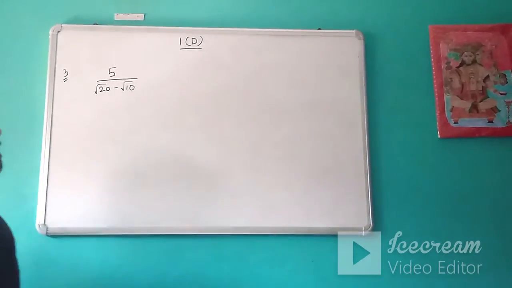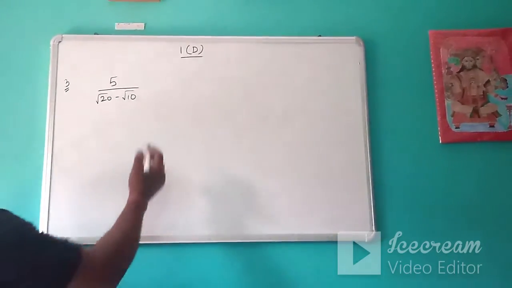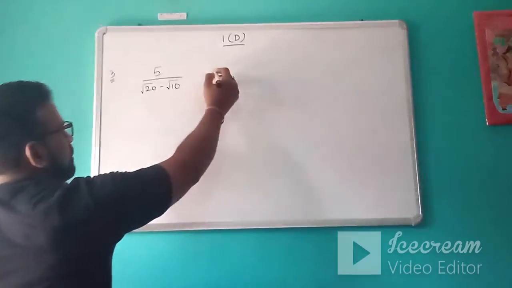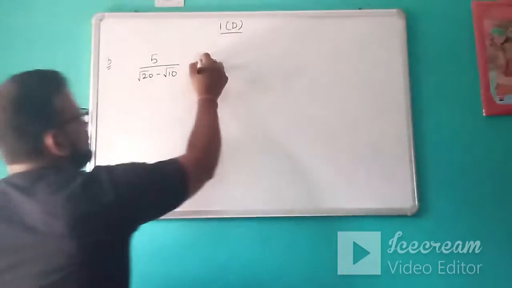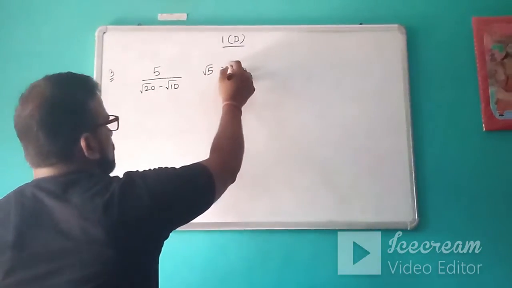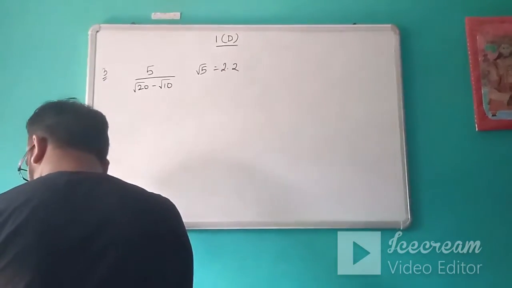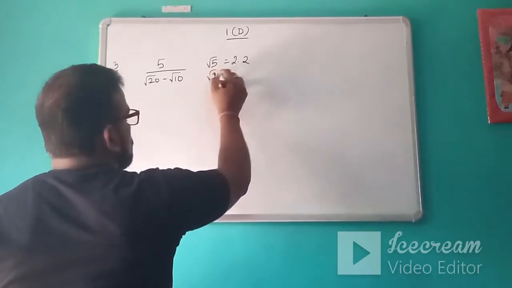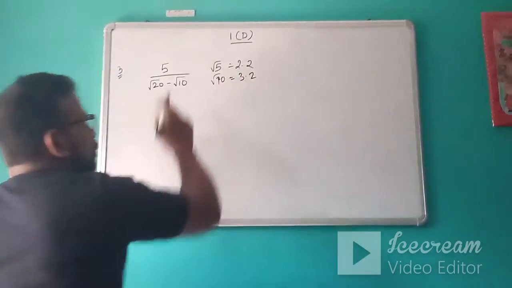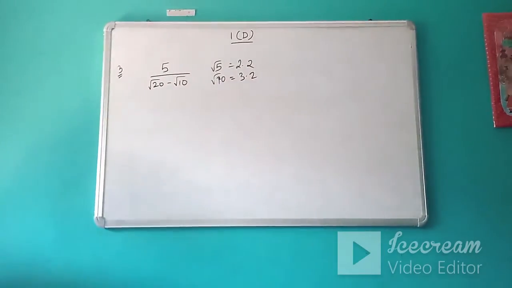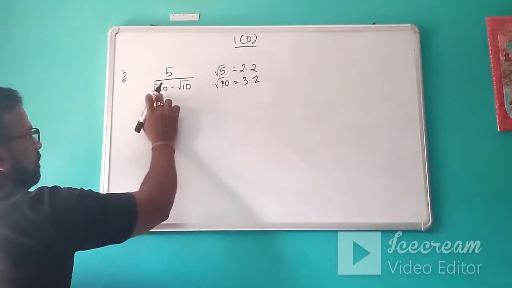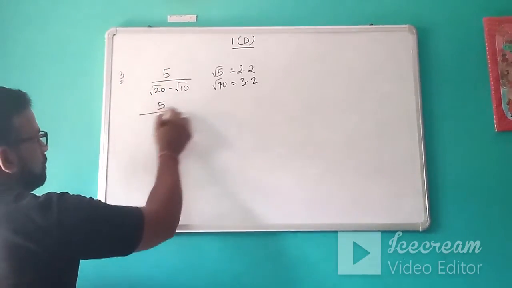Okay, let's continue our discussion of exercise 1D. Suppose this expression is given, and the value of root 5 is given as 2.2 and the value of root 10 is given as 3.2. With the help of these two values we have to find the value of this expression. First we will try to solve this.